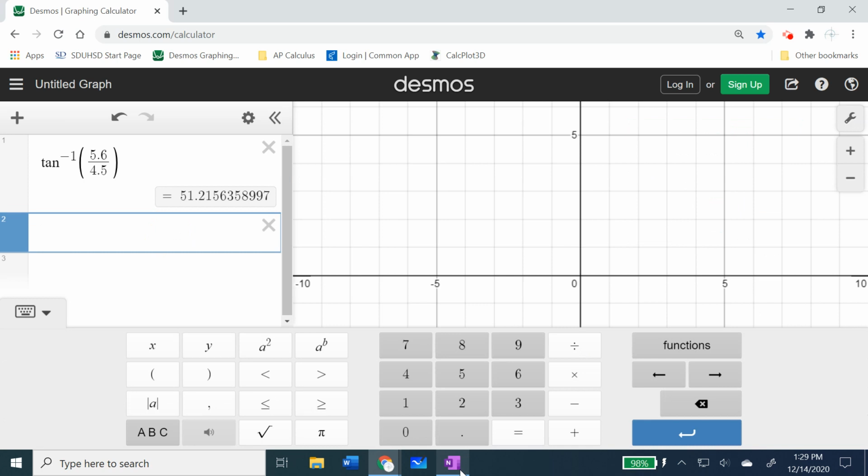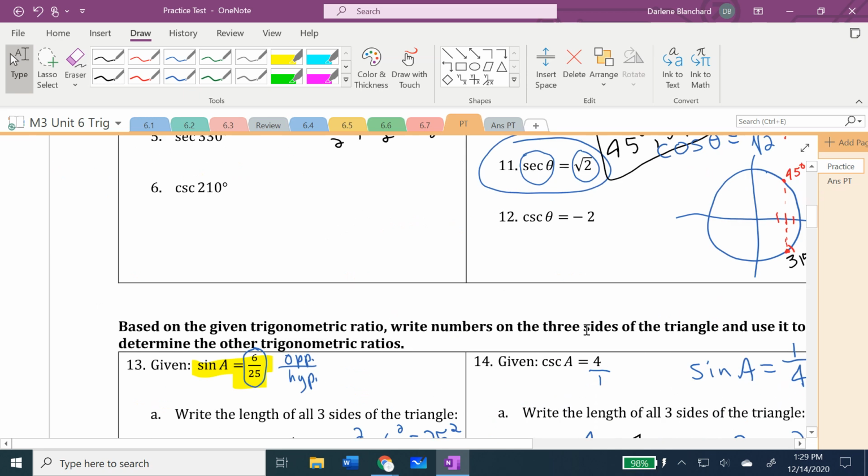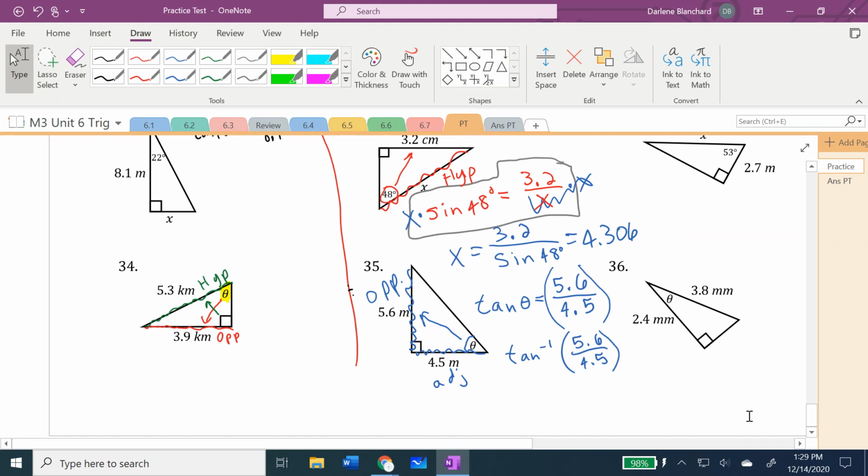Then let me say that if you were trying to solve for x in number 32, with number 32, we had gotten to the point of this right here, 3.2 divided by the sine of 48 degrees.